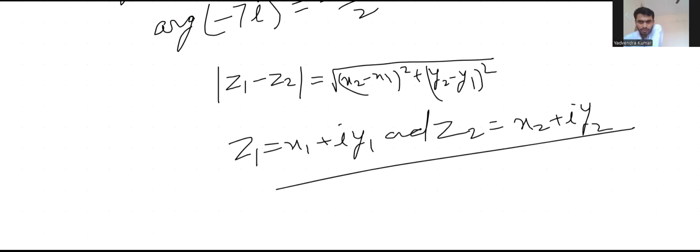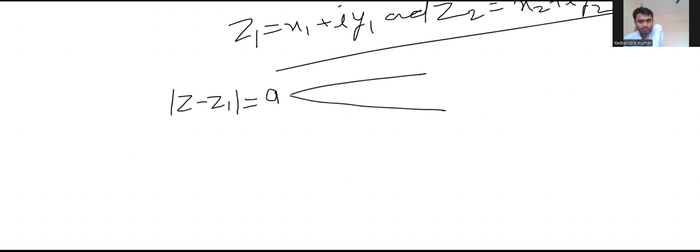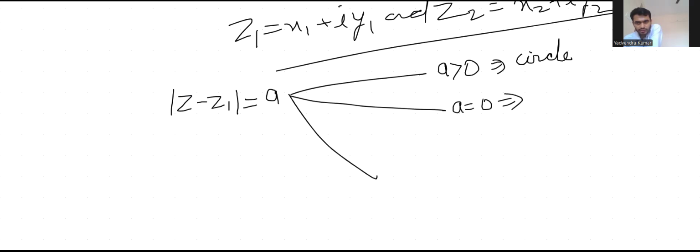After this, locus. Using the distance formula, if modulus of Z minus Z1 is given as A, we will have three situations. If A is positive, we will have a circle. If A is equal to 0, this will be a point, and this point will be Z1 itself.